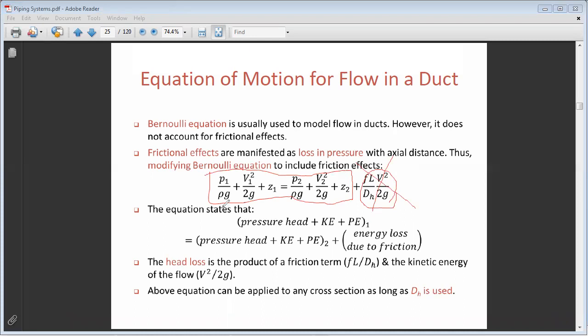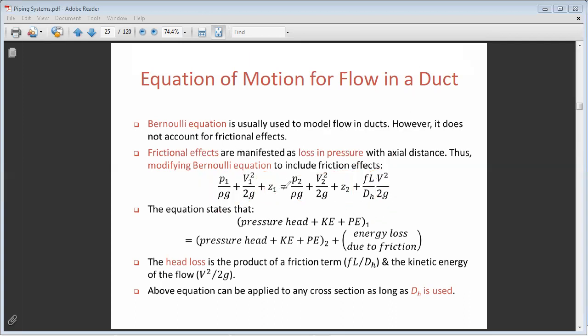And to remind you, this term is called pressure head, okay? This is the velocity head. This is the hydrostatic head. So here, when you apply conservation of energy that we have seen together with conservation laws, you have that pressure energy plus kinetic energy plus potential energy is constant, okay, when I don't have losses. However, in pipes, what is happening is that I have friction. Whenever you have friction, then you have losses. So I should account for these losses.